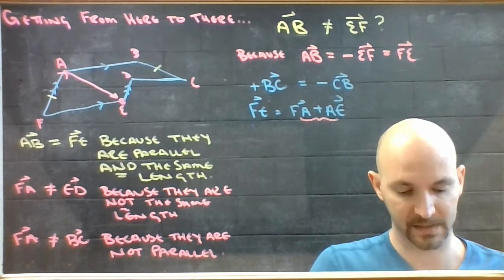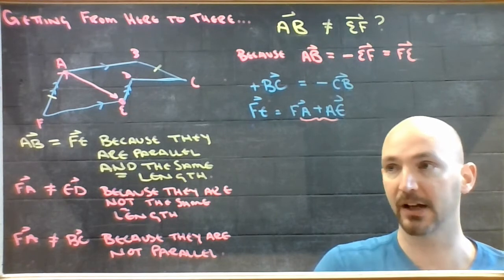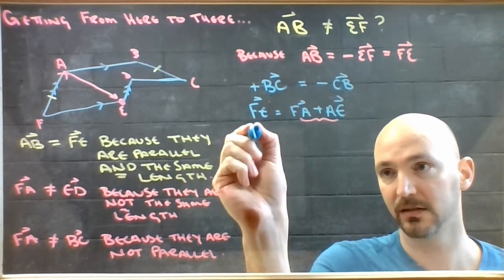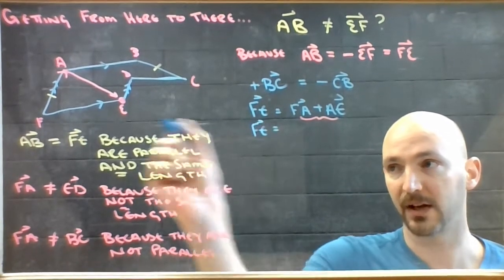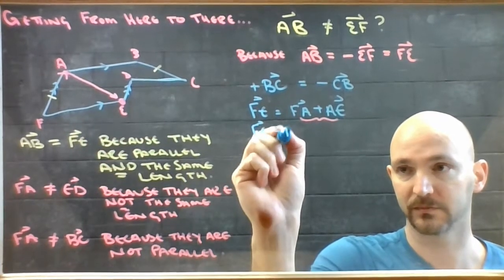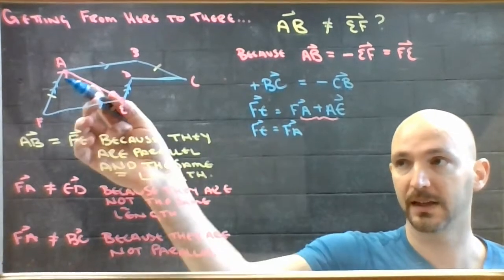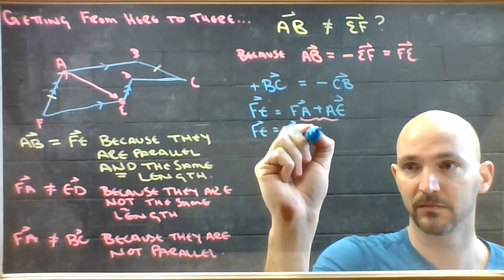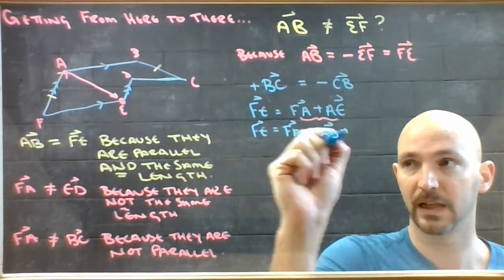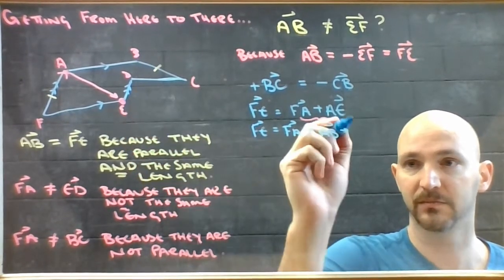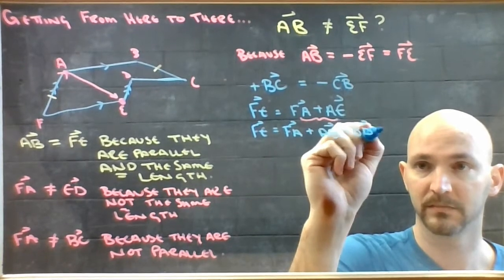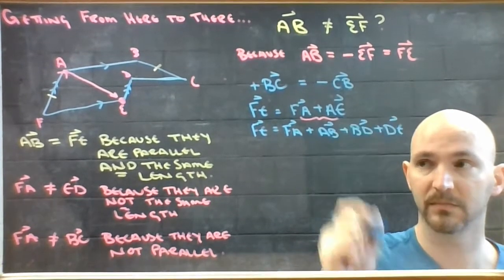And in fact, I can spread it out even more, right? I could get from F to E if I went from F to A, and then from A to B, and then from B to D, and then from D to E. Right?